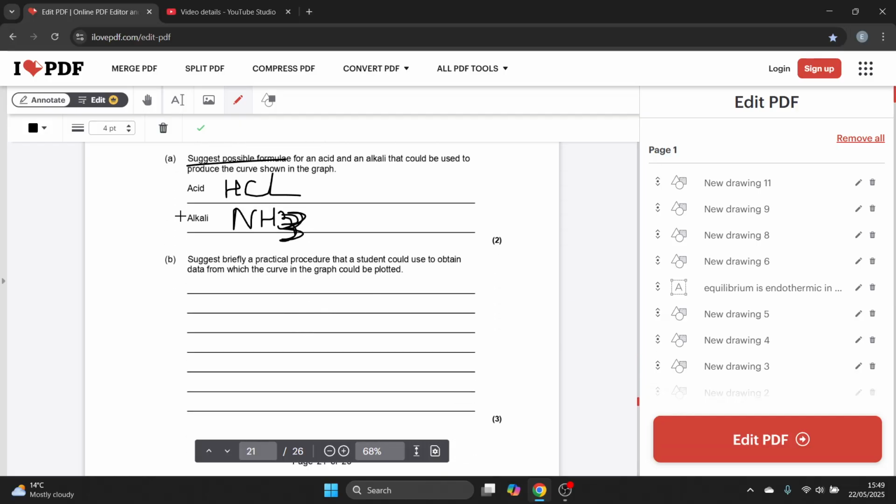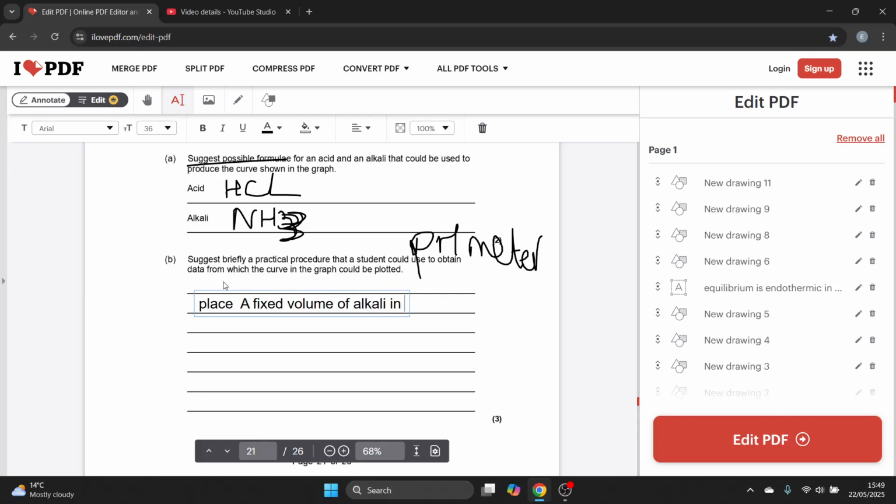Practical procedure to obtain data which could be plotted. With this, it is the pH meter practical. Once you spotted that, then it's just regurgitate it. So we place a fixed volume of alkali in a flask.